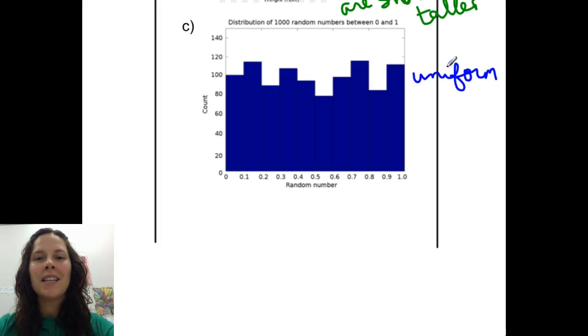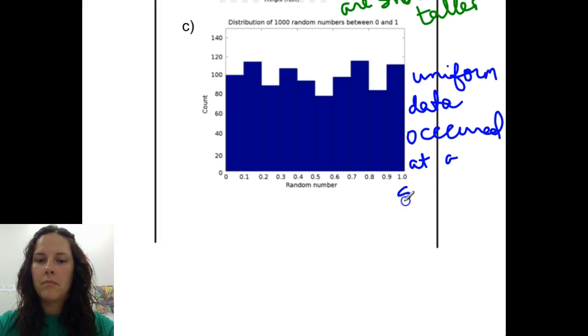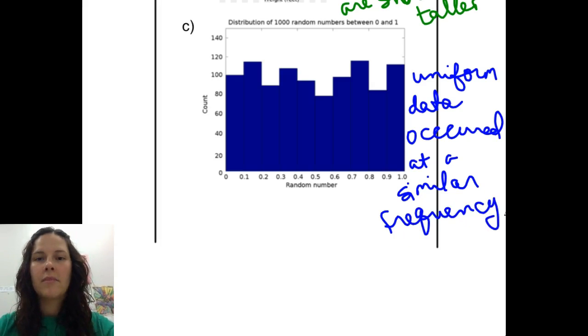So what this means is that the data occurred about the same amount of times. Another way to say that it occurred about as often as the other data values is that it occurred at a similar frequency. Frequency is how often the data value occurs.